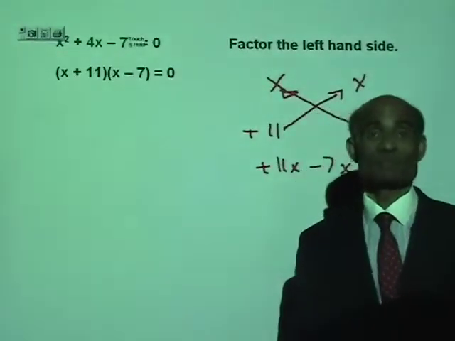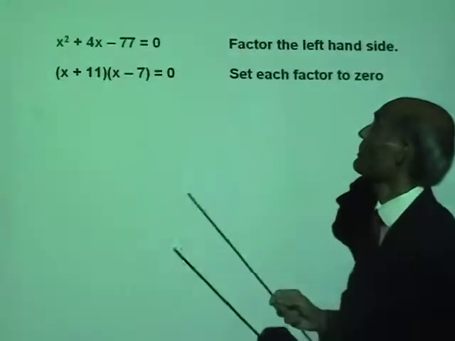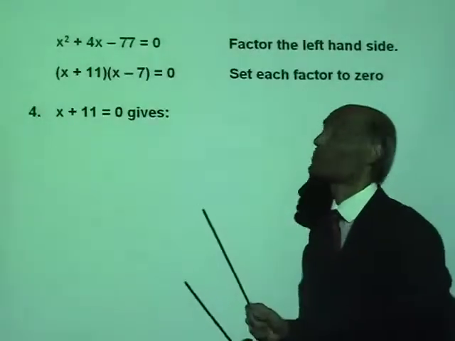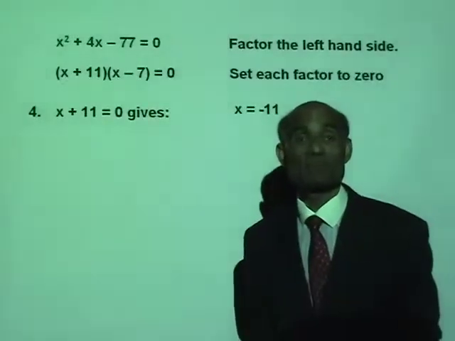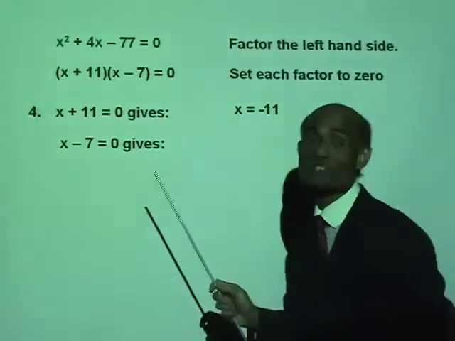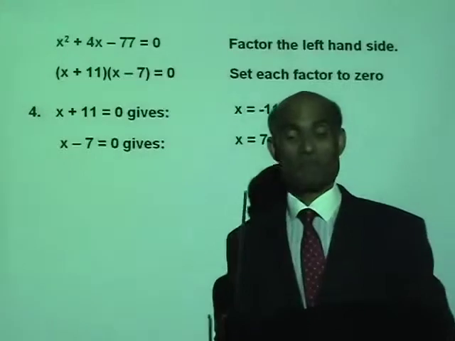How do you solve it? To solve it, we set each factor to 0. First, x plus 11 equal to 0 will give you x equal to negative 11. Second factor, x minus 7 equal to 0 gives x equal to 7.